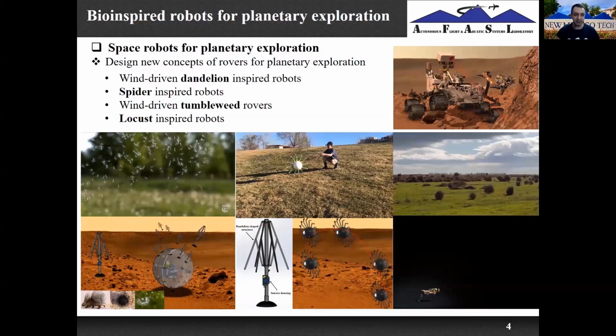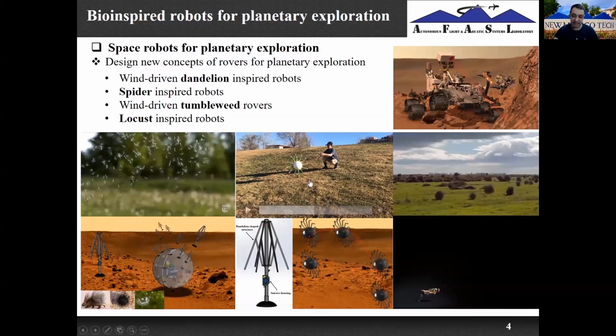They can also save energy with this type of movement. So we are thinking about this concept to design robotic systems that can move over Mars, and when facing rocks or obstacles, they can jump.